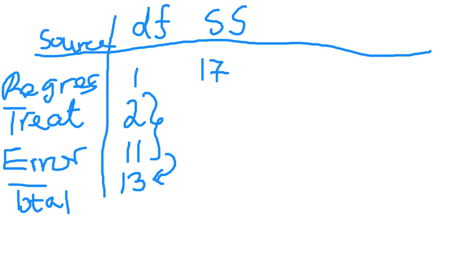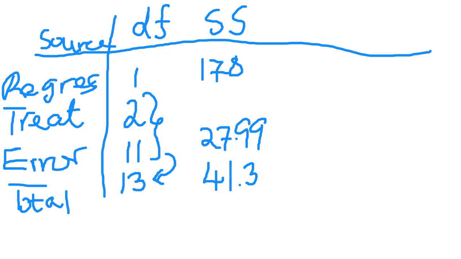So sum of squares, SS reg star, I was told is 178. SS total, this one was told is 41.3, as the error is 28 or 27.99. The treatment adjusted one is 13 point, I think leader said 28. So MS, now you divide, guys.